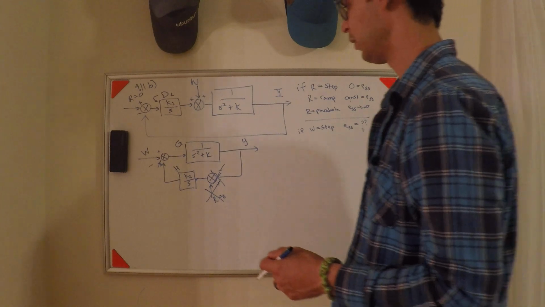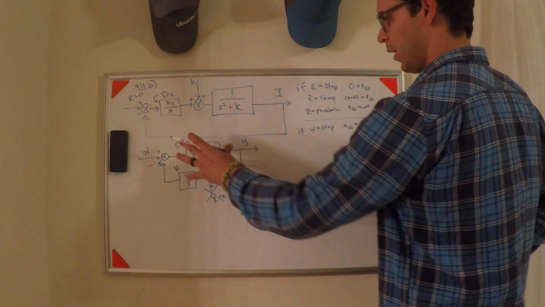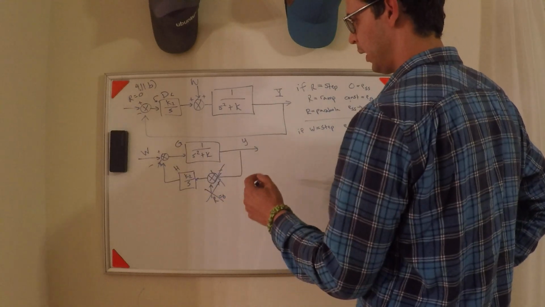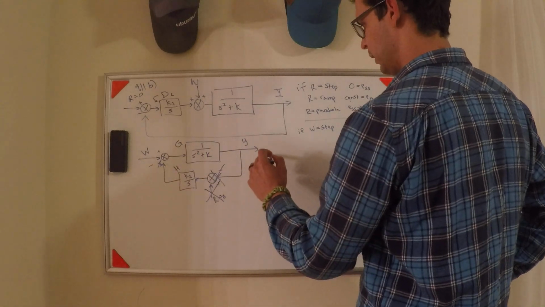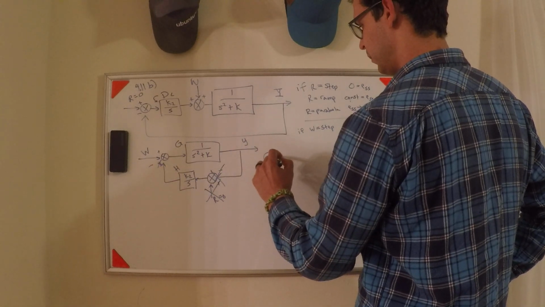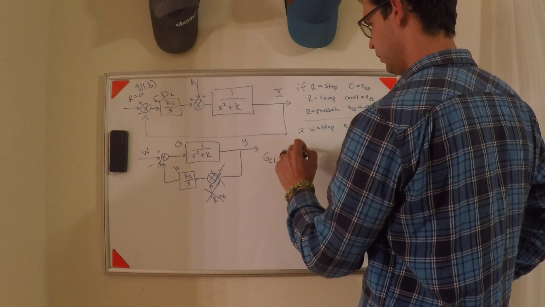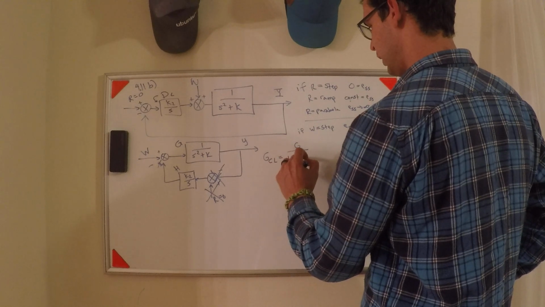The easiest thing, at least for me, when I do these types of systems, is to close the block. So I'm going to assume that's G and that's H, and my closed loop system is G over 1 plus GH.